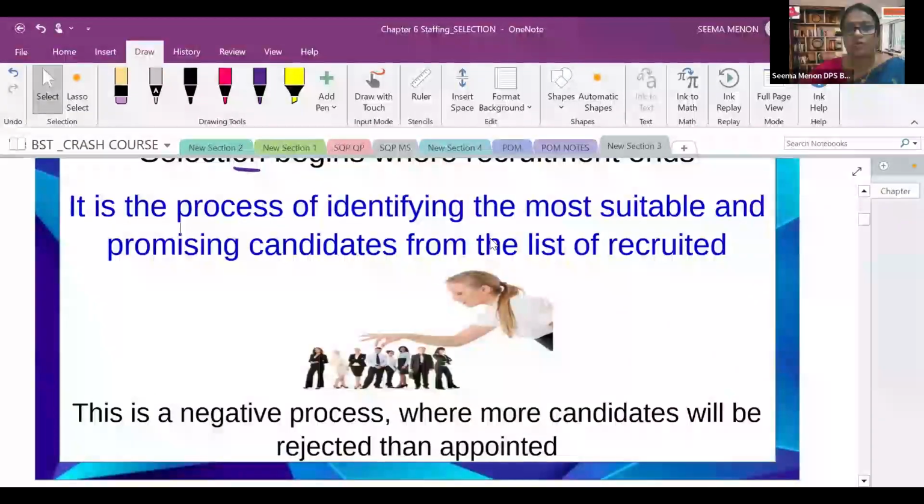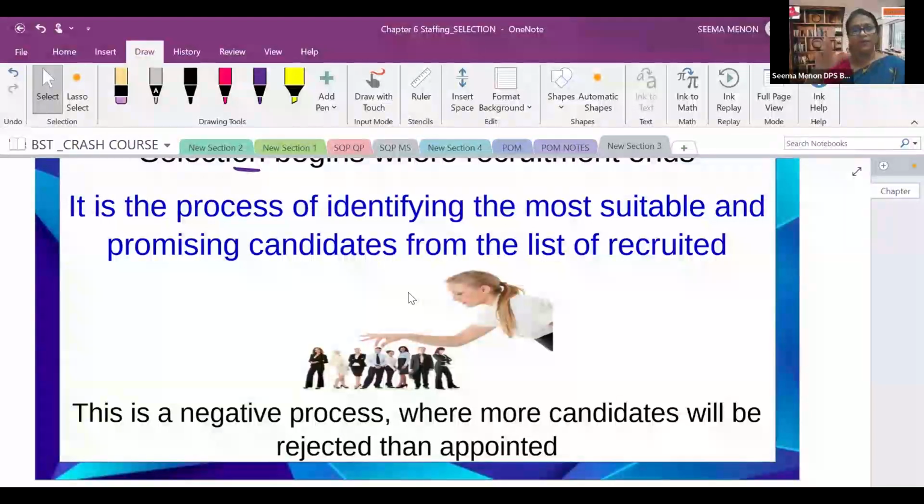It is the process of identifying the most suitable and promising candidate from the list of recruited. They are getting a number of applications. From those applications, they will sort out by filtering. After the filtering, they will identify the most suitable and promising candidate. Suppose there is an accountant post in the office of a particular company.